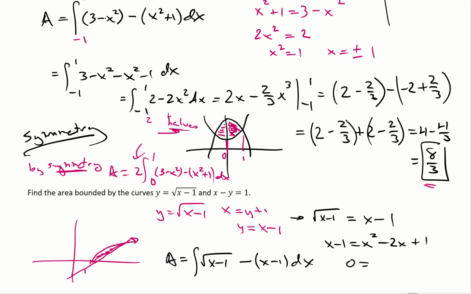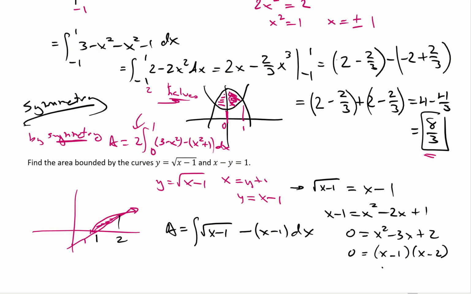And I'm solving a quadratic, so x squared, what, minus 3x plus 2. Oh, it's different. Okay, so you see how important this is? It is x minus 1 and x minus 2. Aha. They meet at 1. I knew that one, but also they meet at 2. So the limits are 1 and 2. 1 and 2.